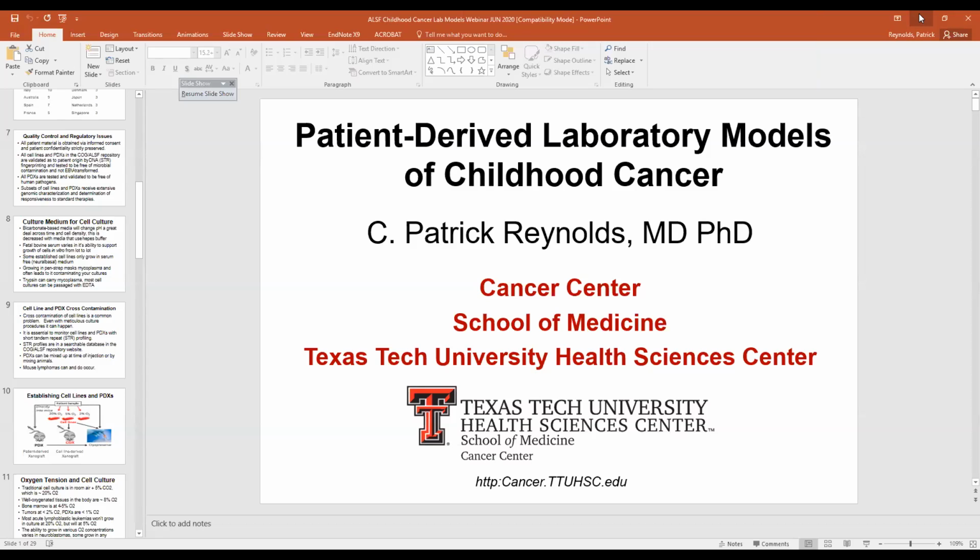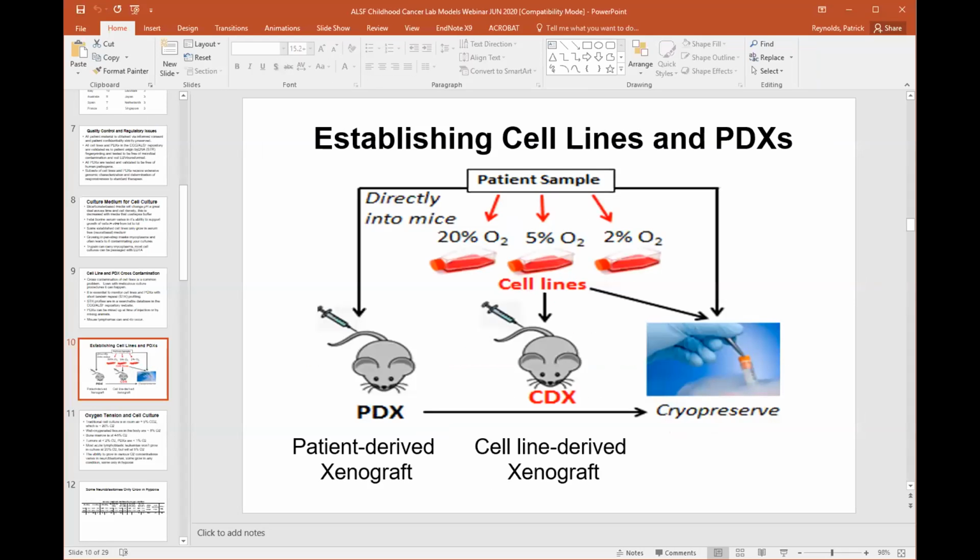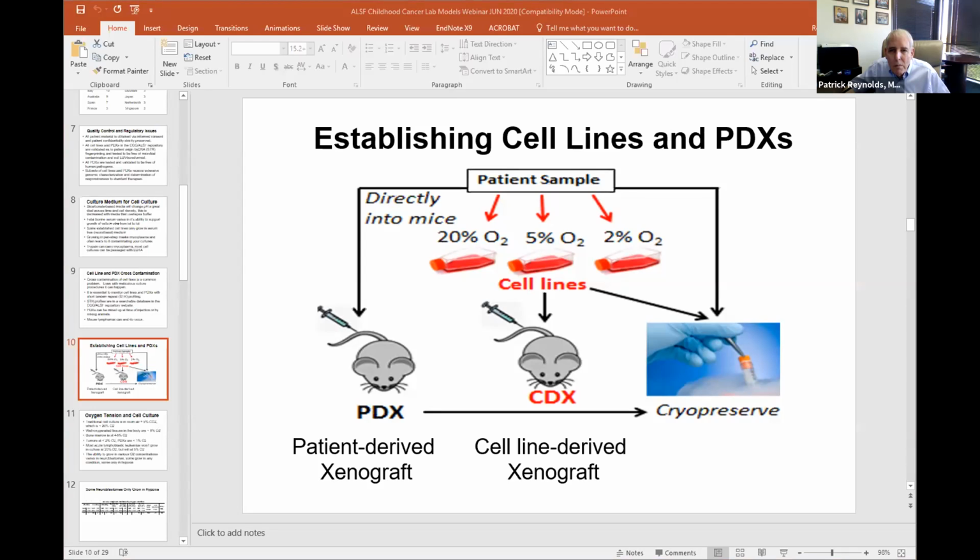So you could go back to the presenter way. I think that was fine. Resume share. Okay, now we're seeing establishing cell lines and PDXs, so it's slide 10. So let me see if I can, do you know how to switch to, there's a way to switch these screens and I'm not too sure what it is.